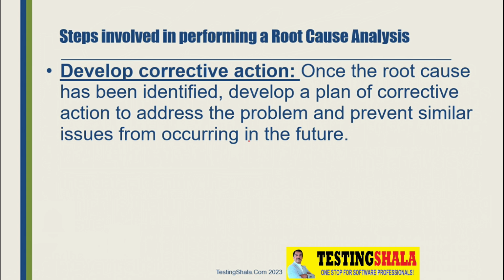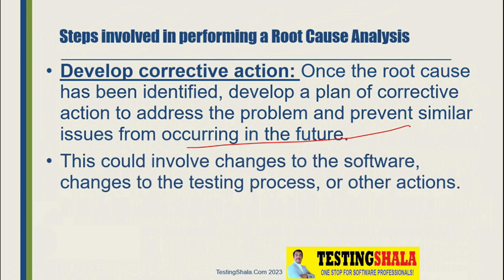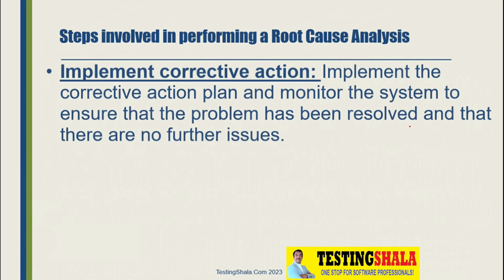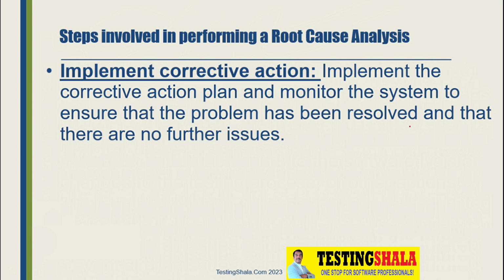The corrective action could be that we put in stringent review processes, or someone is assigned to oversee a given developer or tester, to see that similar kinds of issues don't occur in future. That is the kind of corrective action plan we have to put in place, and we have to keep following up, to see after 10 days, 15 days, 20 days how things are evolving and getting corrected over the course of time, so that similar issues don't pop up.